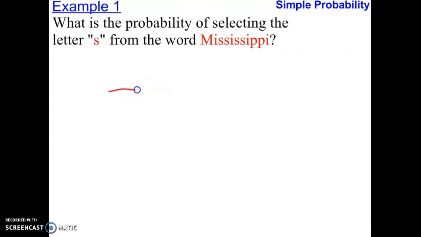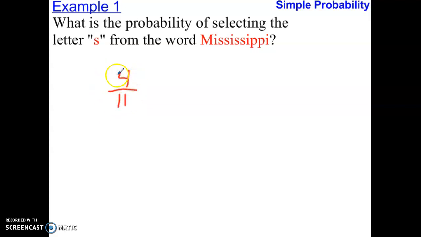So, first thing I have to do is draw my fraction bar and then identify how many S's I have in the word Mississippi, which is a total of 1, 2, 3, 4. So there's 4 out of 1, 2, 3, 4, 5, 6, 7, 8, 9, 10, 11 letters.